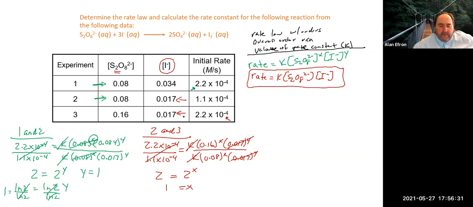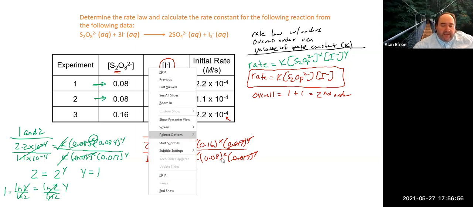Now, the rest of what we're looking for here is what is the overall order? And the overall order is found by adding up the individual orders, X, Y, Z, however many you have. In this case, 1 plus 1 tells us it is second order. At this point, we now can use our completed rate law and rearrange it and solve for K and actually find what the value of K is.